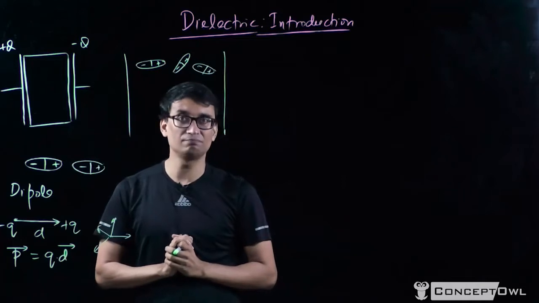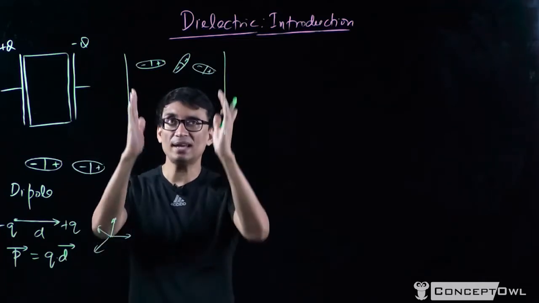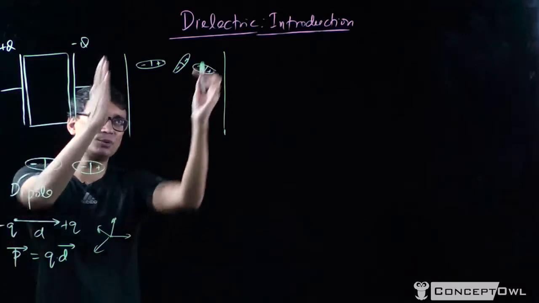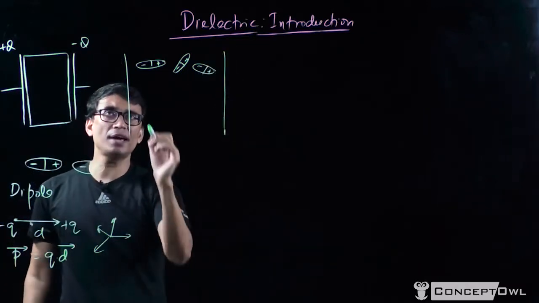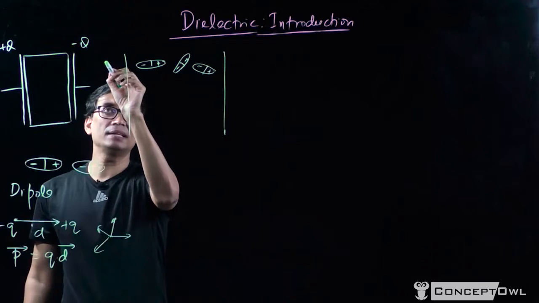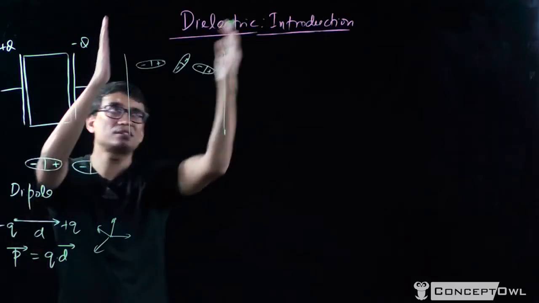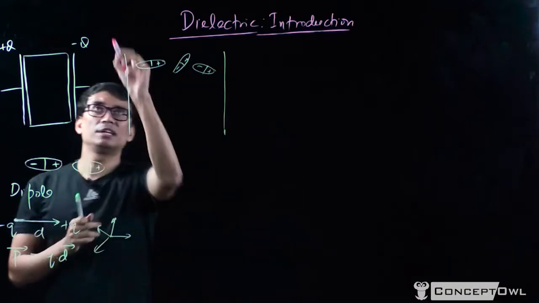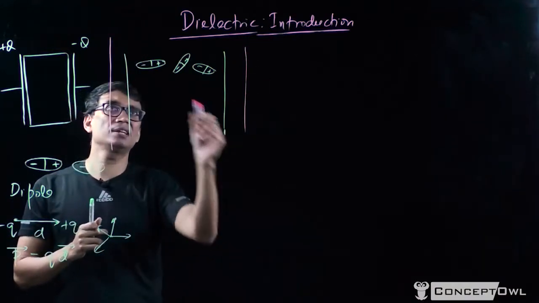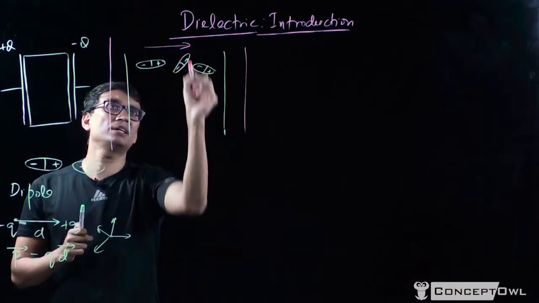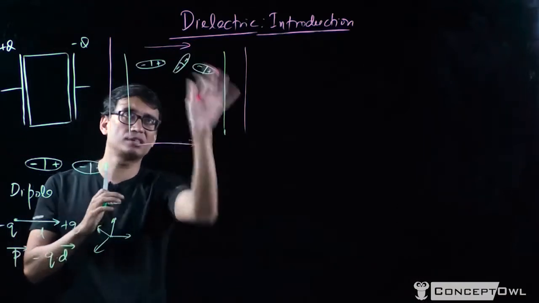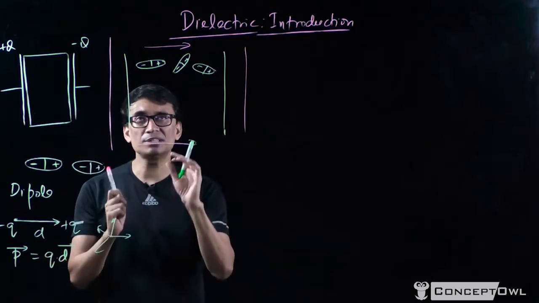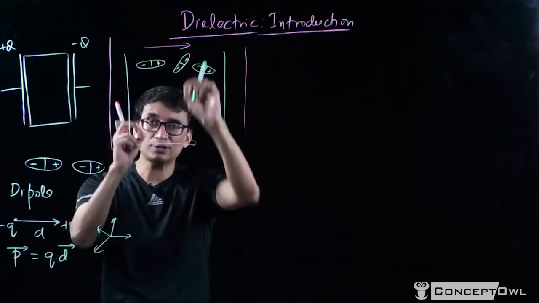But when I take this material and put it in the middle of a capacitor in an electric field, now let's look at this one. Let's say there is some capacitor here and there is an electric field in this direction. This is my direction of electric field. Obviously it's there inside. I'm not drawing it, just showing it from outside. Now, what will happen? This electric field will act on the dipole.